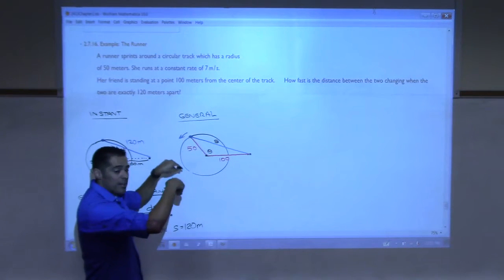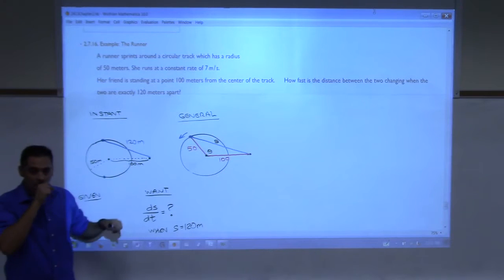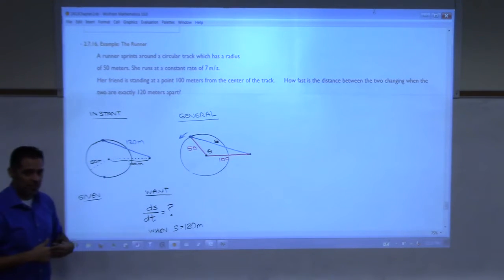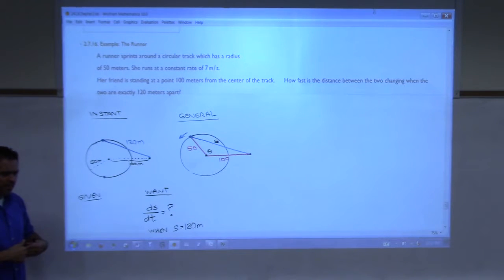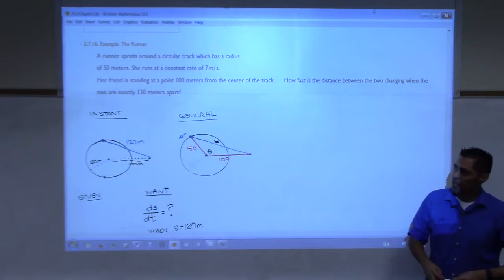And it's changing at a constant rate. Now it's not 7 meters per second, but if she speeds up, the angle goes faster. If she slows down, the angle goes slower, right? Understand that? It's like a clock. It's like a clock, exactly.